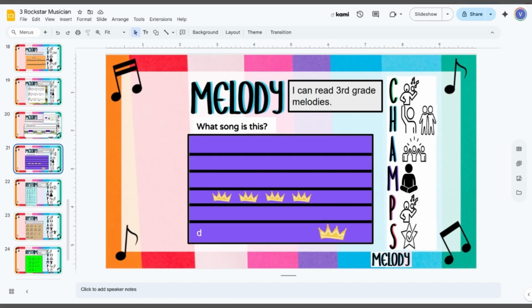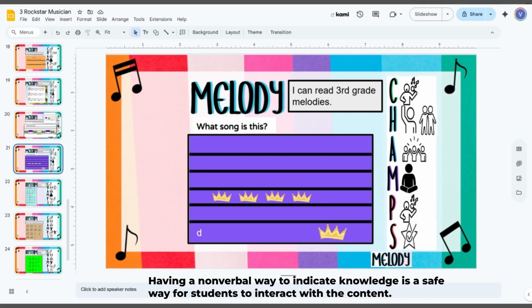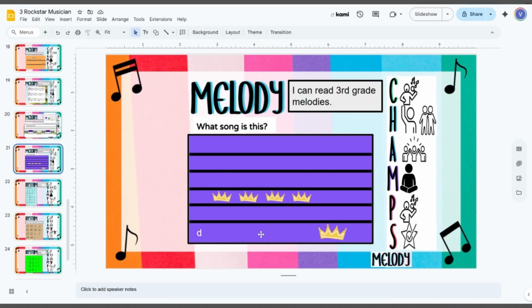So I sing the song, and students are touching their noses. I noticed at this point about a third of my class were touching their nose on buy his wife a comb, which is the answer here.